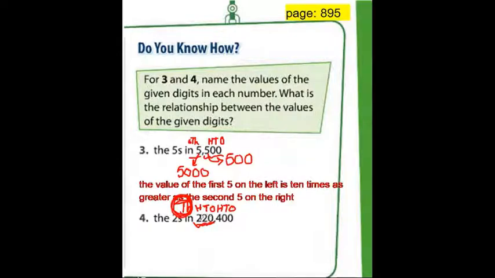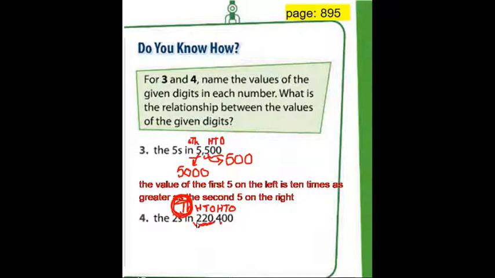So it's 20. So 220. But don't forget the name of the building. 220,000. And what is the name of the class, the place value? 400. So let's repeat again. 220,400.